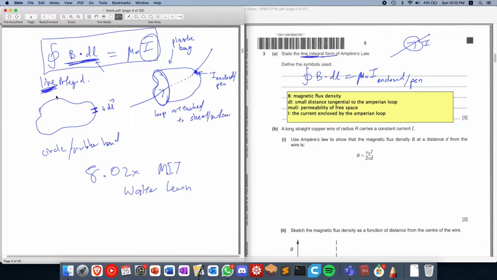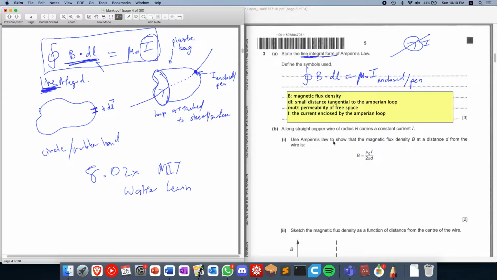In these vector calculus laws, there's always a very big degree of freedom, a lot of freedom you can choose in what Amperean loop you want to choose, and depending on the Amperean loop, you can get varying degrees of utility.